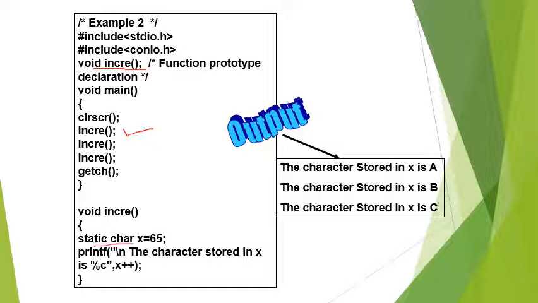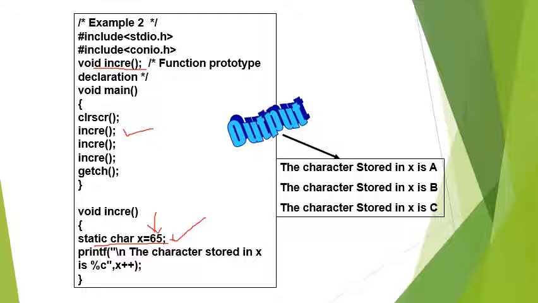Then here it is initializing char x equal to 65. How is it giving char x equal to 65? 65 is a number. Then why are we giving char x equal to 65? If we want to give a number value, we would declare it as an integer. But here it is given as char x equal to 65. This means we are storing the ASCII value. It will treat it as an ASCII value.